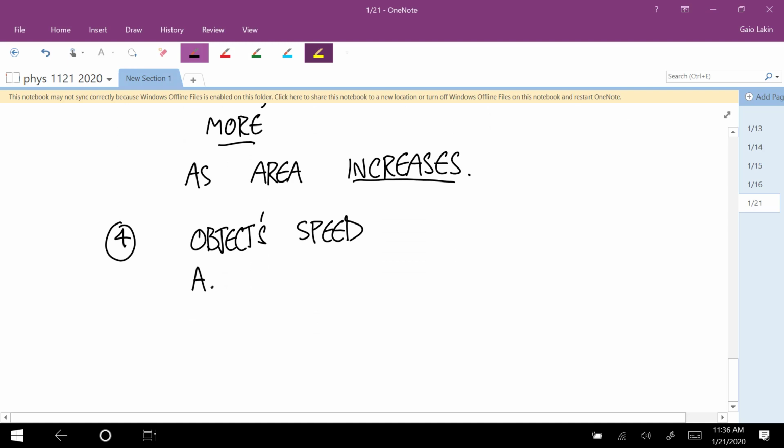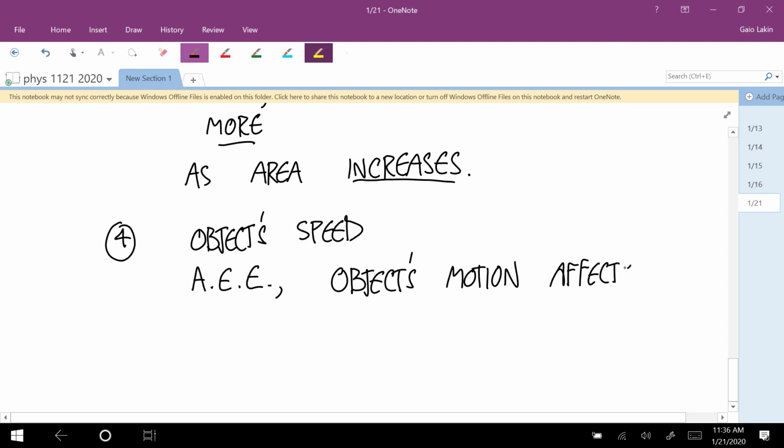So again, all else equal, the object's motion is affected more as speed increases.